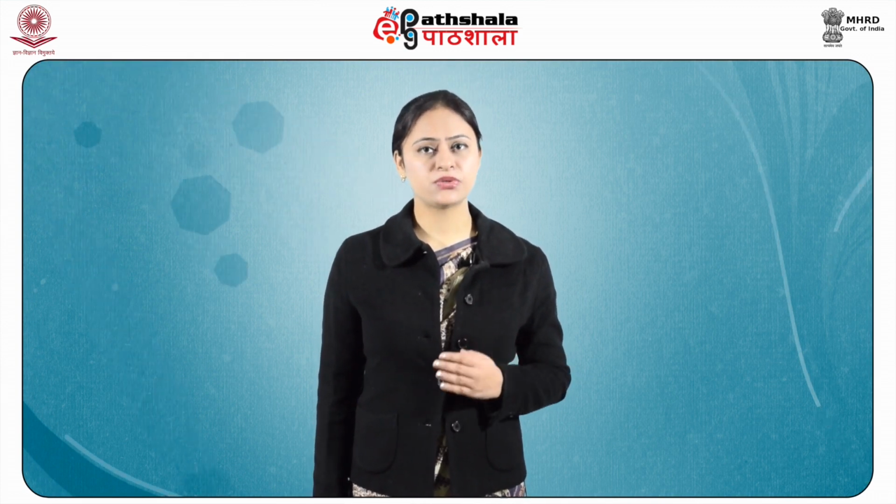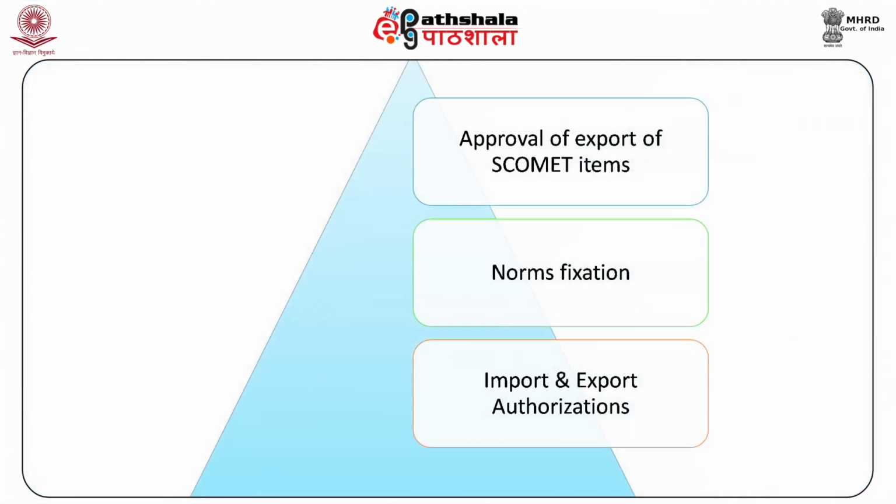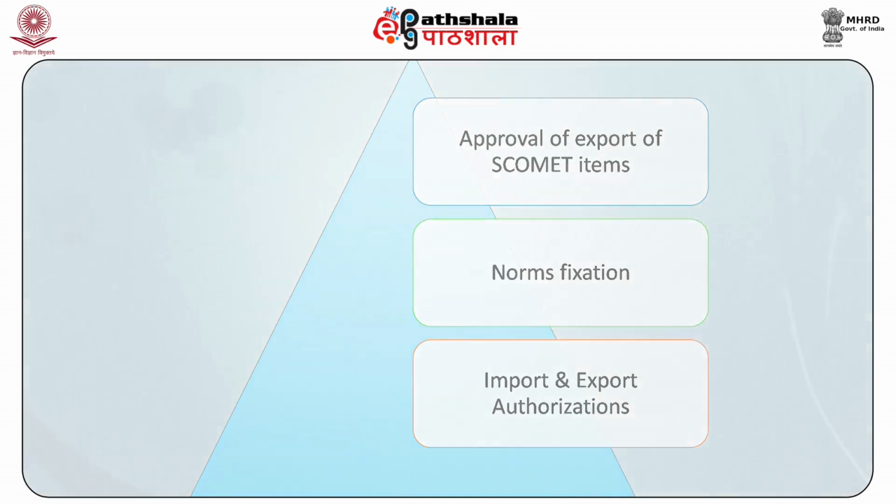Fourth, online inter-ministerial consultations. The EXIM policy proposes to have online inter-ministerial consultations for the following purposes in a phased manner: approval of the export of SCOMET items, norms fixation, import and export authorizations.